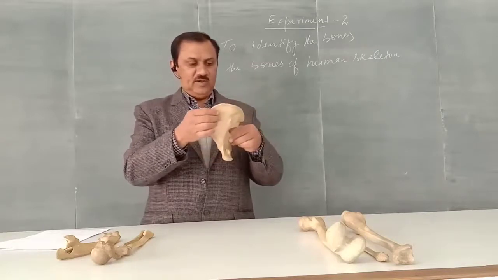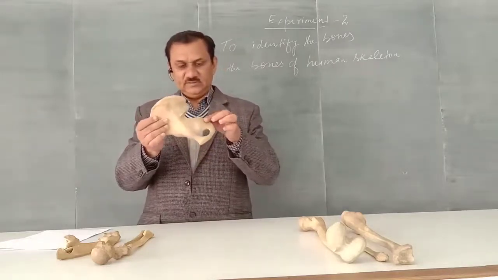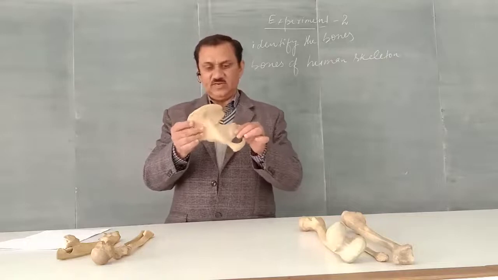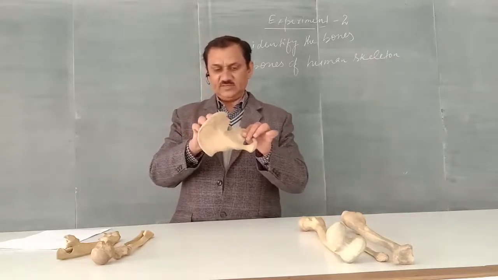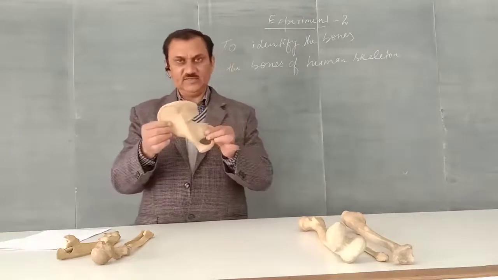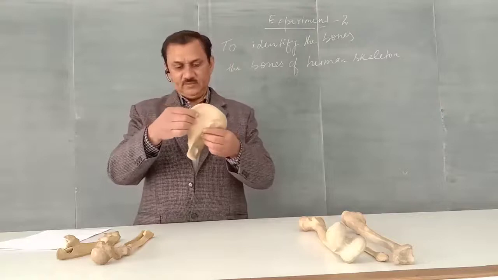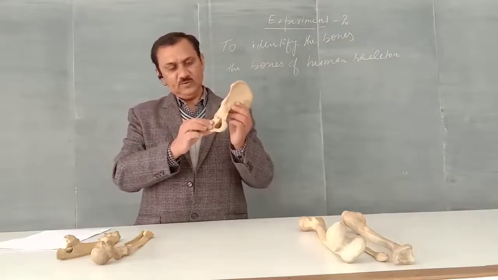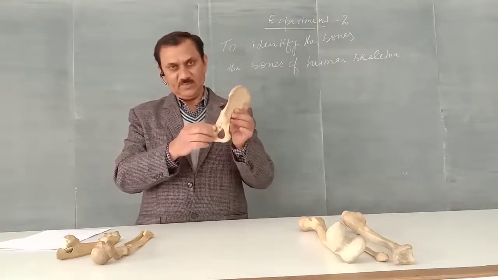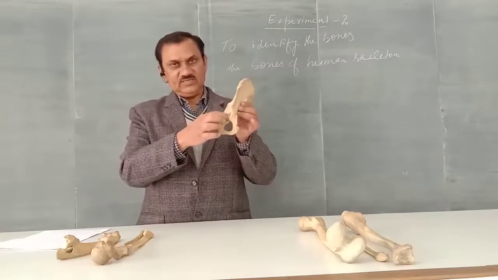This can also be identified by the presence of the greater and the lesser notches. The greater sciatic notch is present in the ilium, while the lesser sciatic notch is present in the ischium. The ilium and ischium also make a cavity depression which is visible here. It's called the acetabulum.